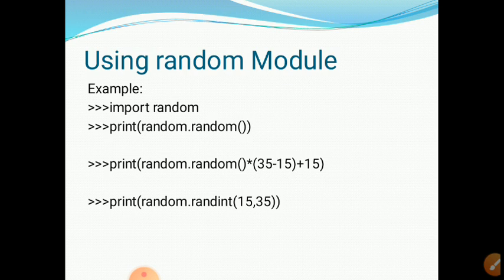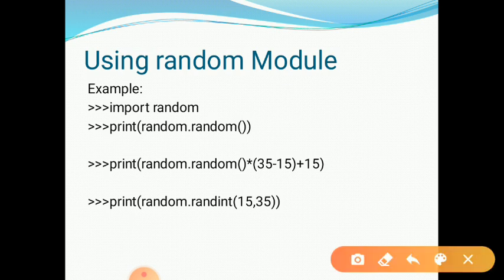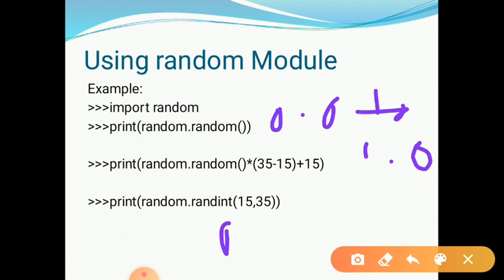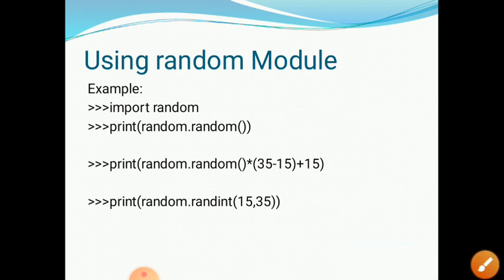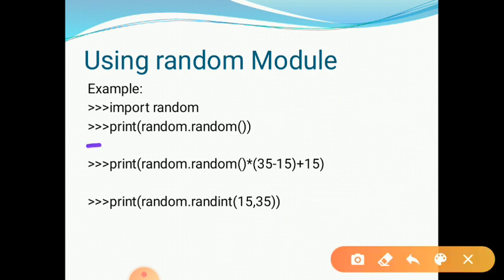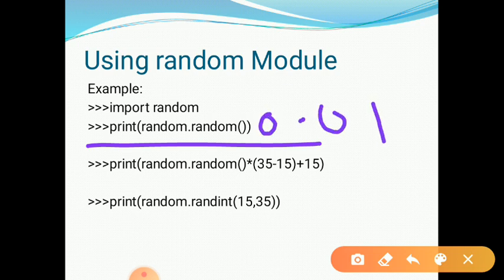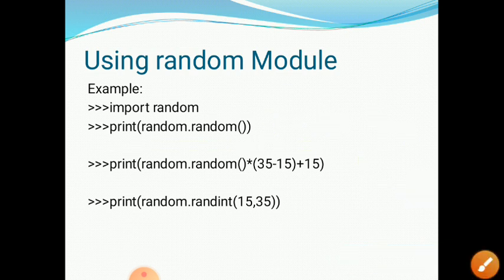It will generate a random number between 0.0 and 1.0, by chance 0.23456 whatever. So if we only use this function, it will return a number between 0.0 and 1.0.